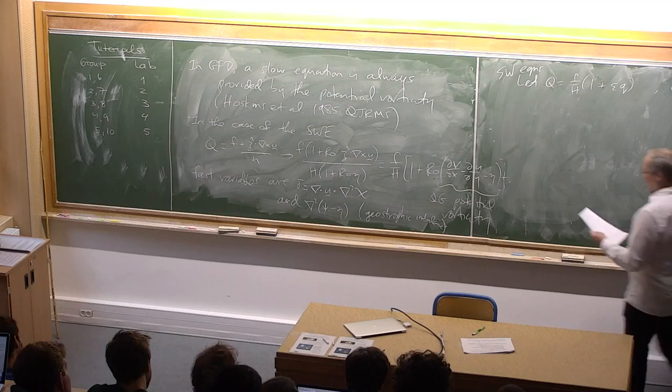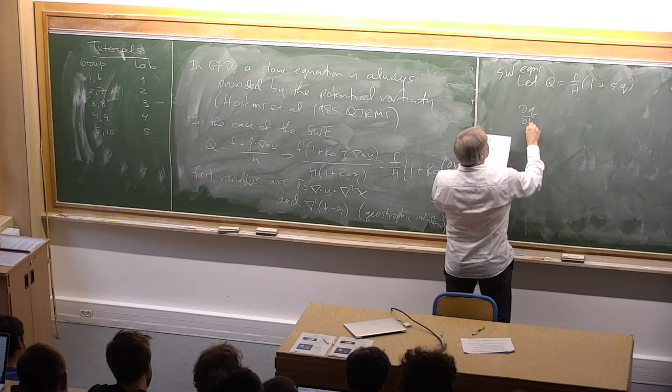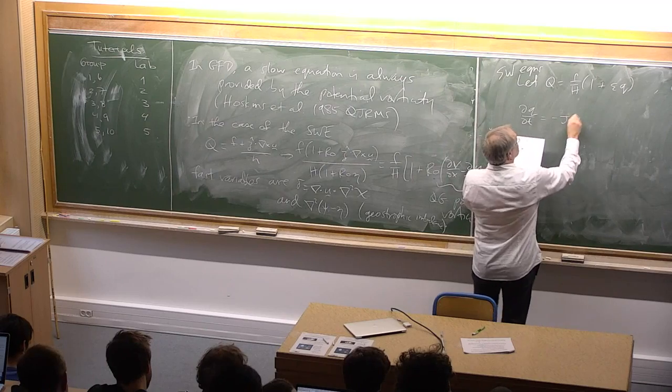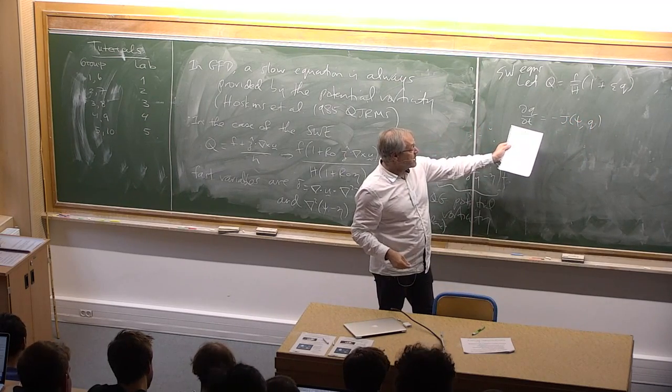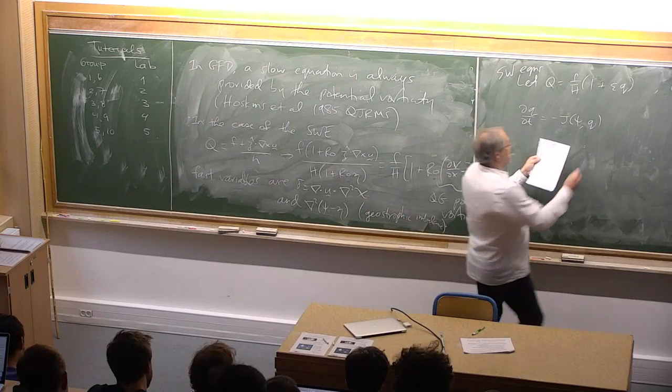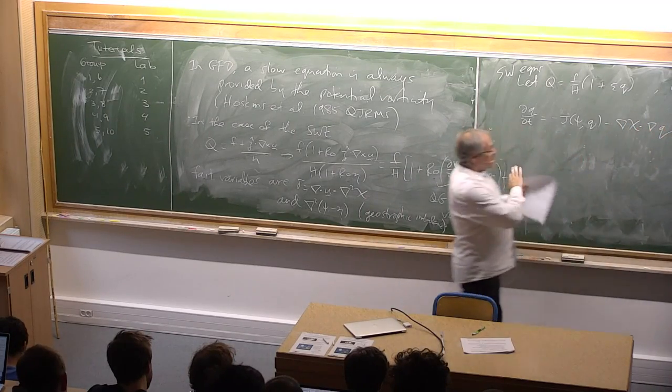And then if we write the equations out, we get, of course, for the potential vorticity, it's pretty easy. It's minus a Jacobian of psi and q. That's the advection by the rotational flow, and advection by the divergent flow. And that's true at all orders.